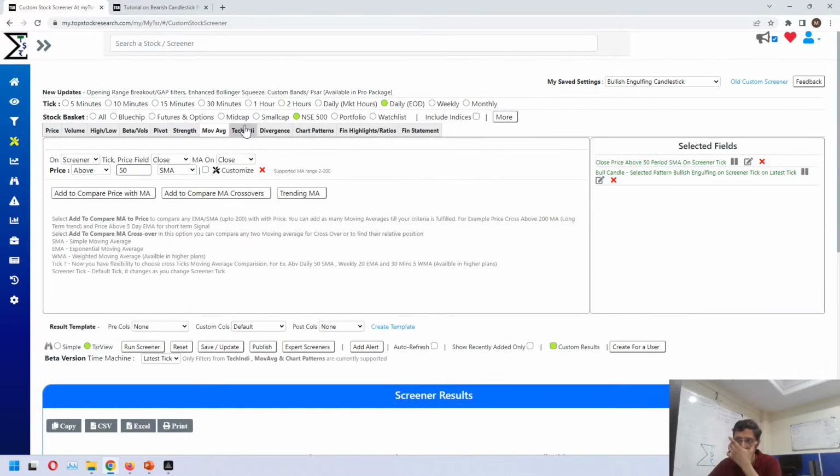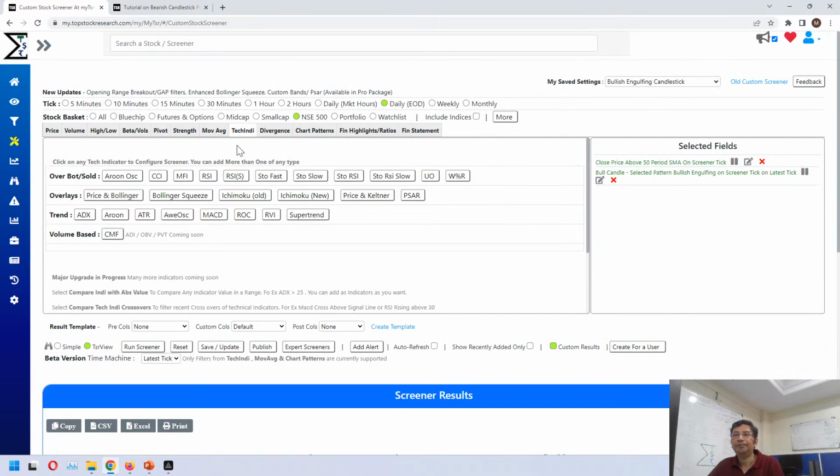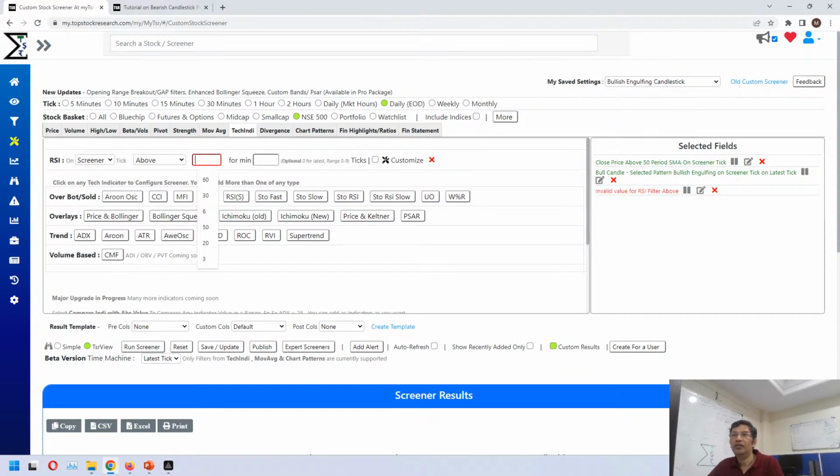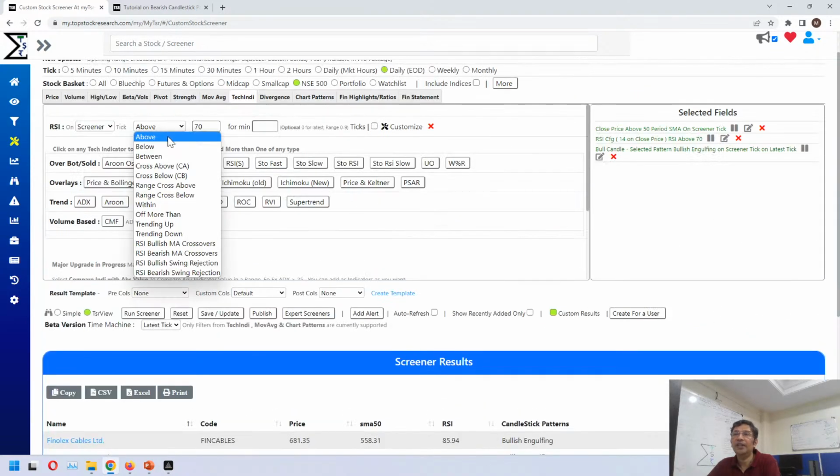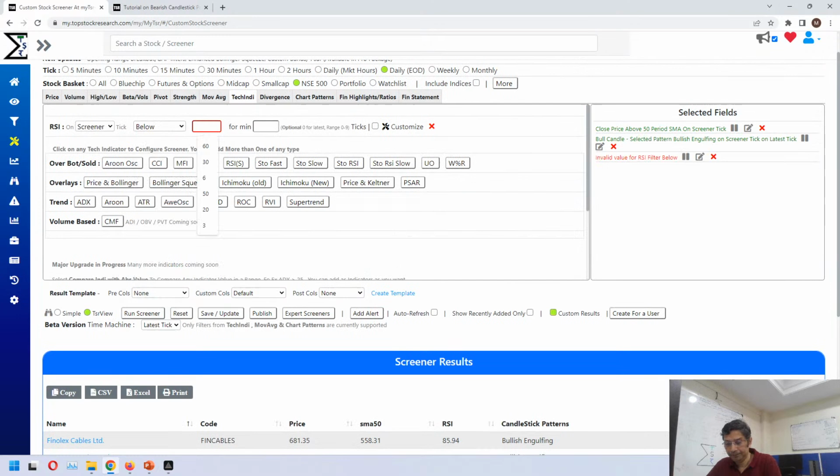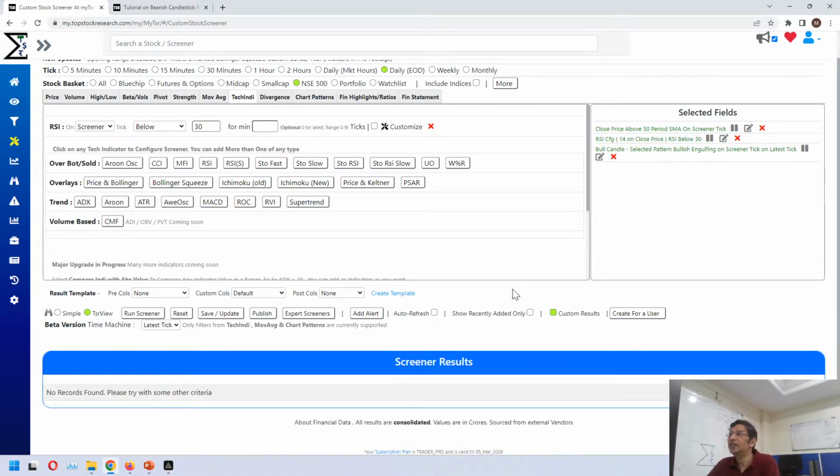On top of it, if you want to see that for example RSI is above, let's say 70, right? So above 70 is a bad idea. It should be below 30. Maybe that should be a better strategy. No records.